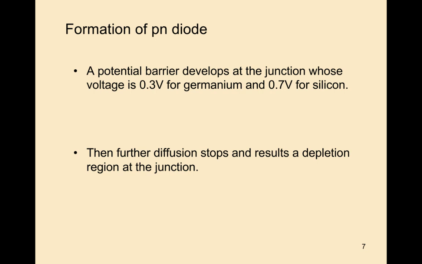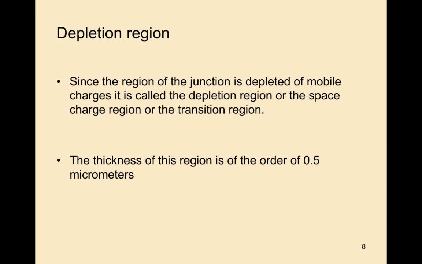After developing this potential difference, further diffusion stops, and the end result is a depletion region at the junction.